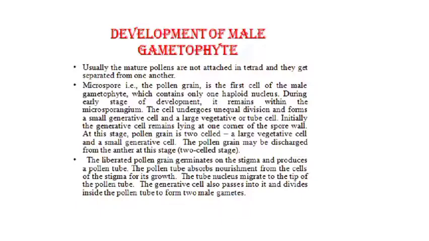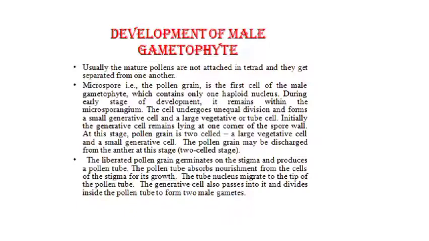The pollen grain may be discharged from the anther at this two-celled stage. The liberated pollen grain germinates on the stigma and produces a pollen tube.